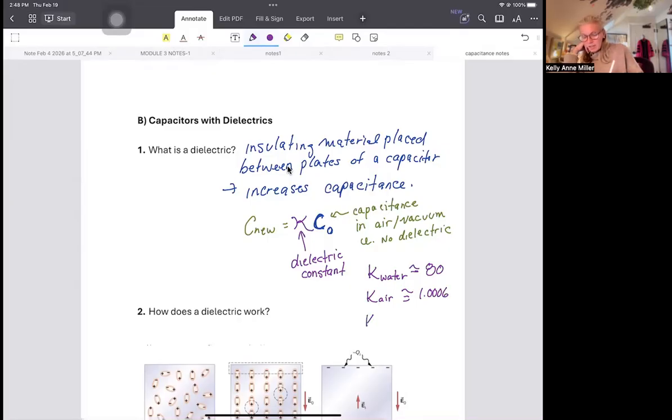The dielectric constant of a vacuum, if you suck out all the air in between the two plates, is just one. Okay, so these two things are used interchangeably. So when something doesn't have a dielectric, kappa is just one, and we don't even bother to write it into the equation. It's only if you have something separating the plates that has a substantial kappa that it matters.